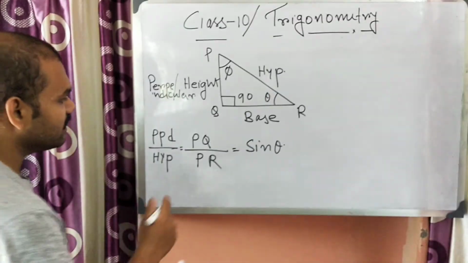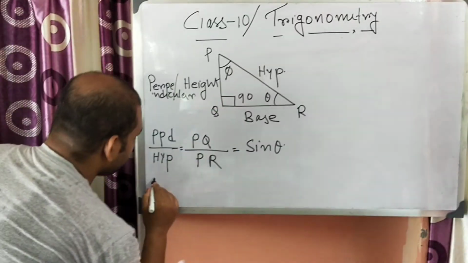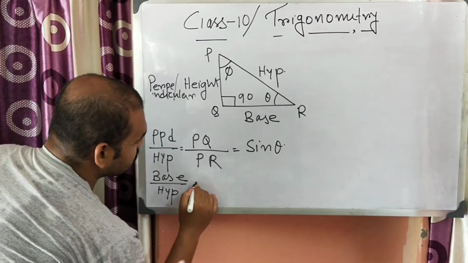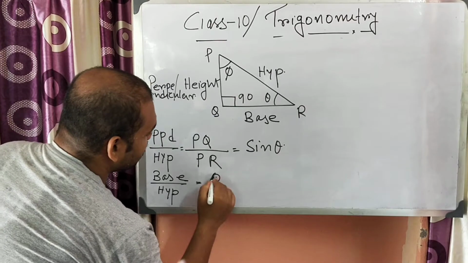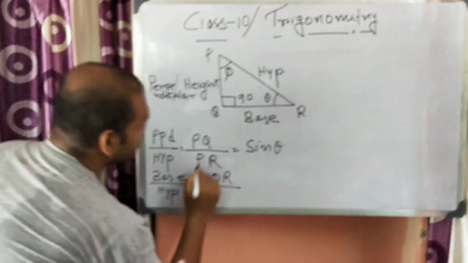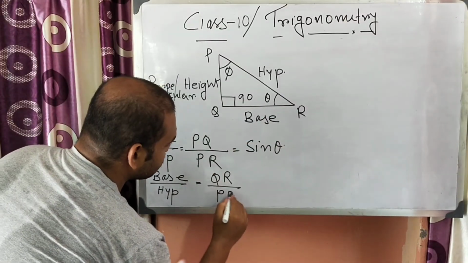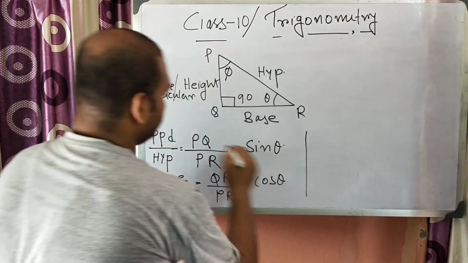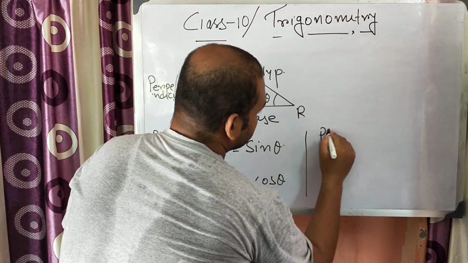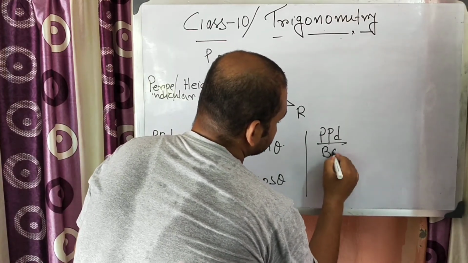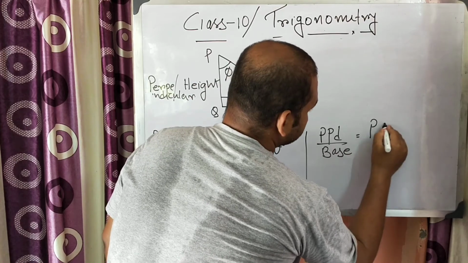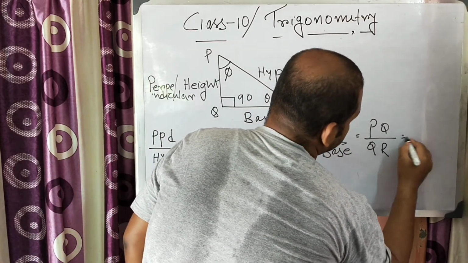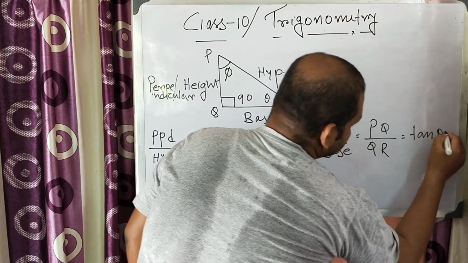The ratio of perpendicular and hypotenuse is sin theta. The ratio of base and hypotenuse is known as cos theta, QR by PR is equal to cos theta, and the ratio between perpendicular and base, in this case PQ by QR, is known as tan theta.